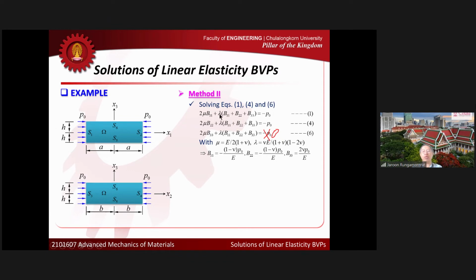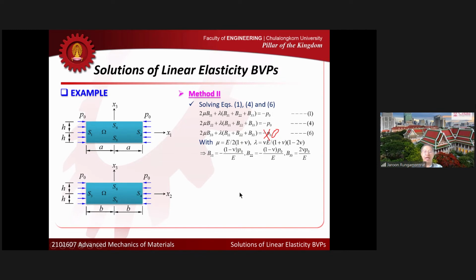You solve these three equations first, then plug in mu and lambda, and you finally get B11, B22, and B33 like this. Solving a linear equation is very simple. You learned that from Ajahn Chapan, right?